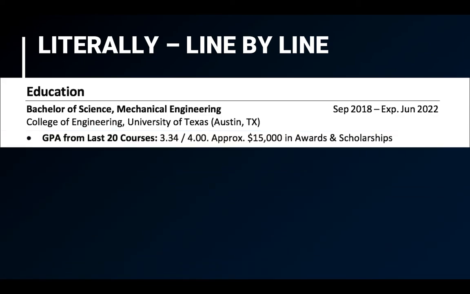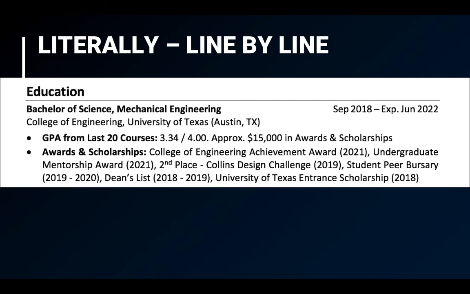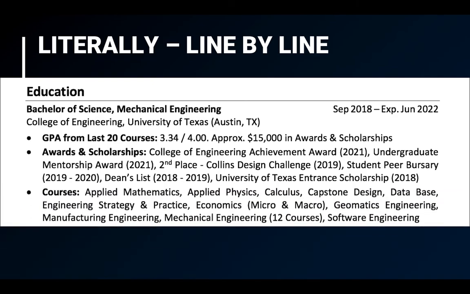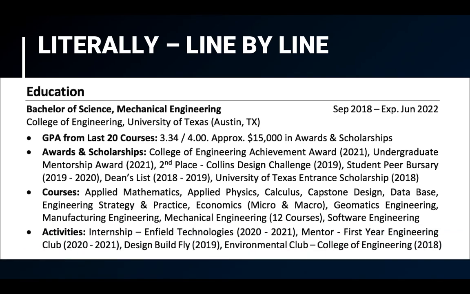I also show you how to represent your GPA and your awards and scholarships, how to list them, what you should be writing in them, and the courses that you should be highlighting, and some of the activities, and how to write each of them literally line by line. So be sure to check that out if you need some assistance writing your education section.